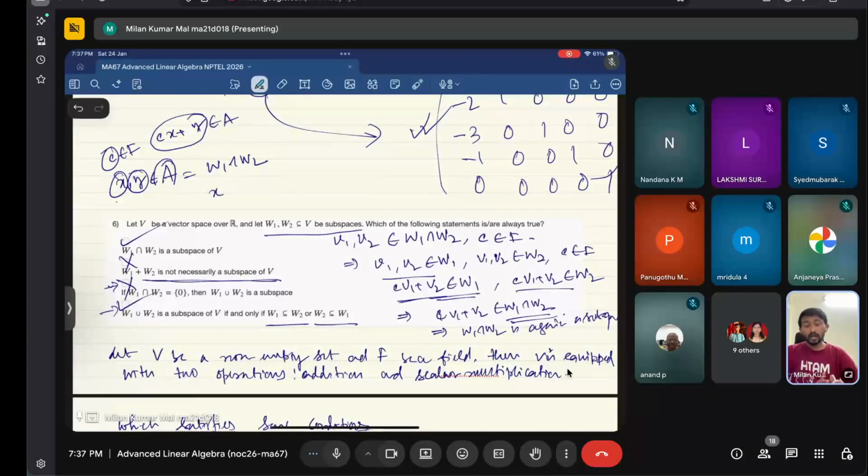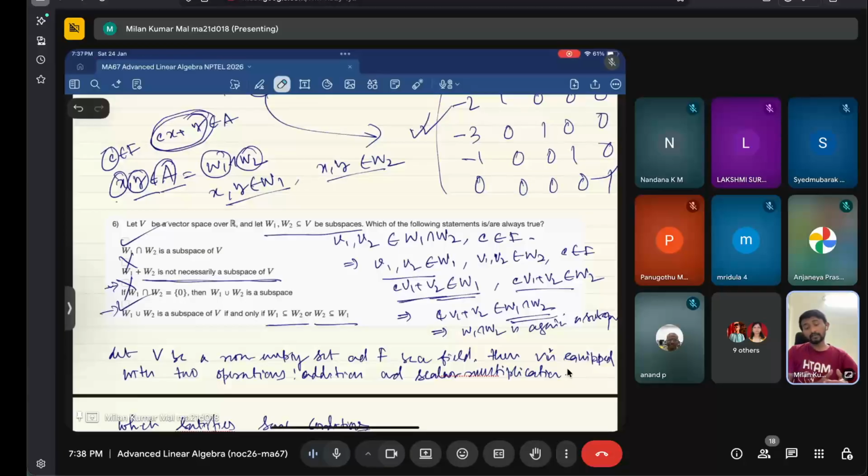If I want to prove that, we have to use some properties of W1 and W2 which already exist. They are subspaces. So now x and y are both in W1 and x and y are both in W2. These are the result of the assumption that x, y is in A. We are getting out of that. We want to be sure that cx plus y is in A. This is what I want to show, right?